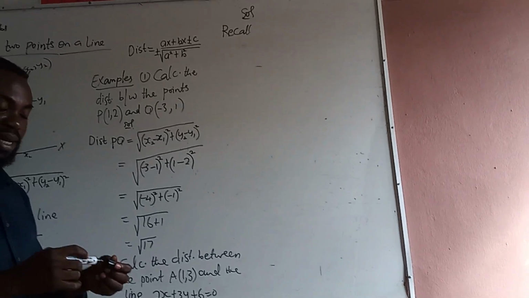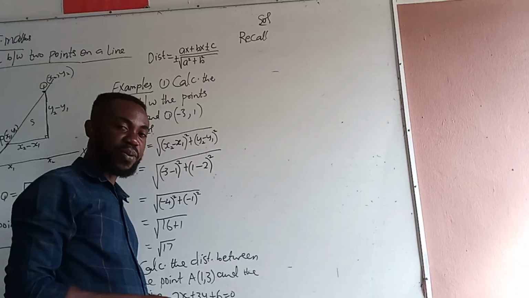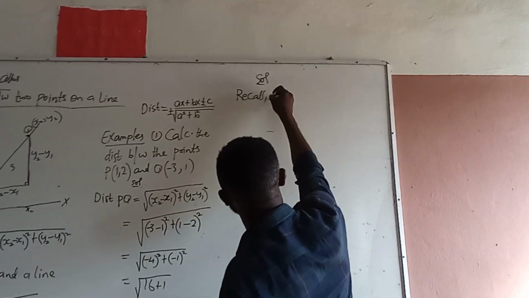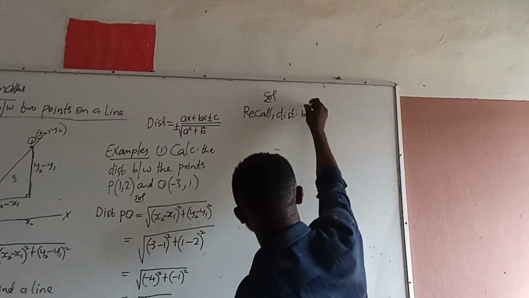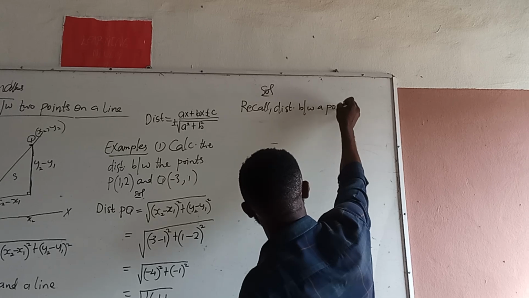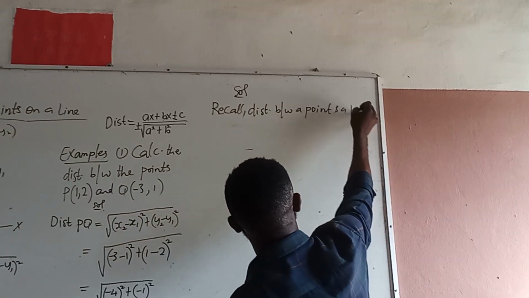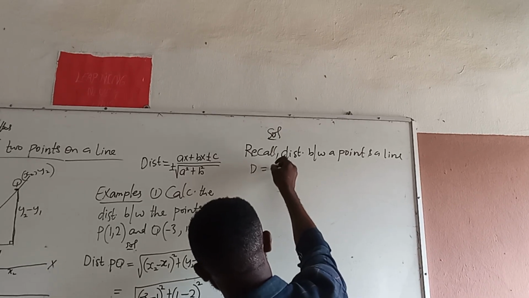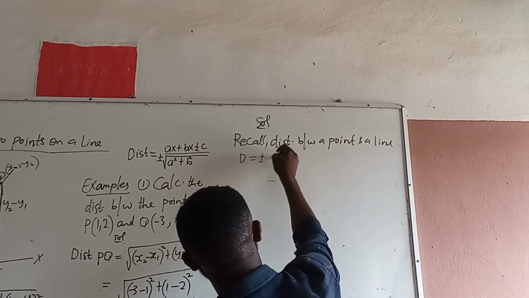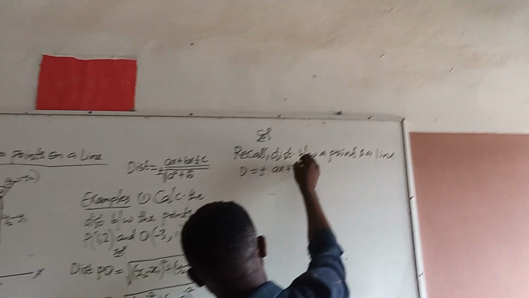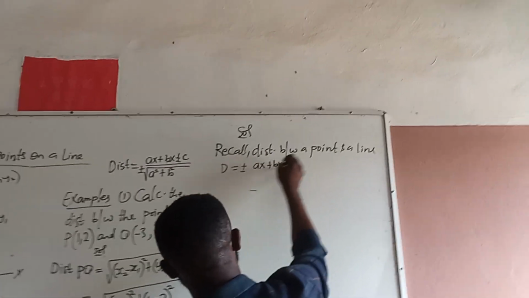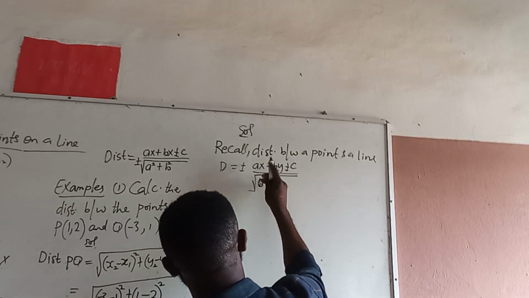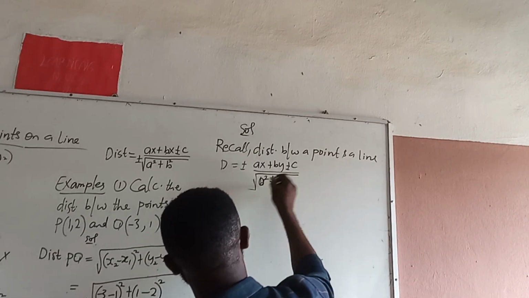Recall that the distance between the point and the line is given by plus or minus ax plus by plus c divided by the square root of a squared plus b squared.